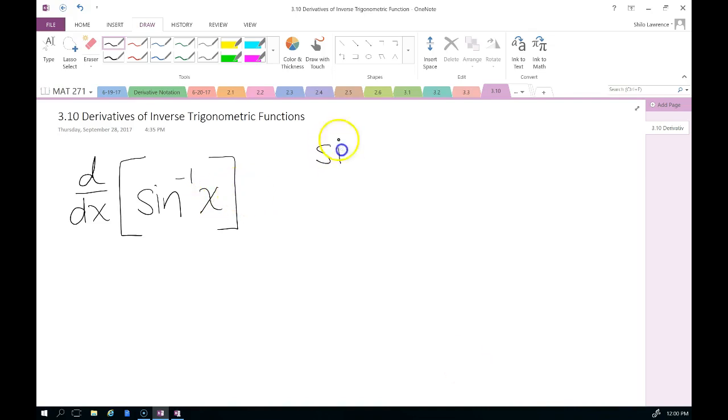So sine inverse of x is equal to some angle theta. That's just a trigonometric formula. If we rewrite this as a normal sine function by moving it to the other side, that means x is equal to sine of theta.